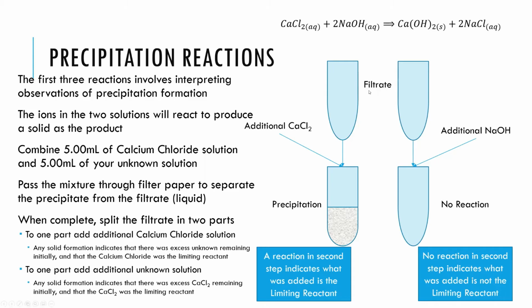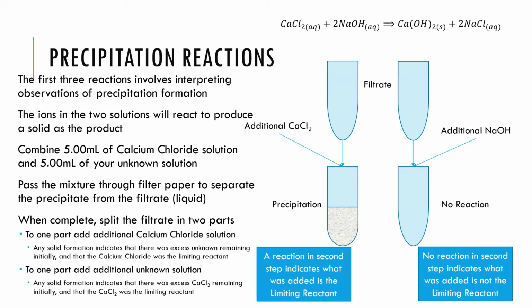To that liquid, the filtrate, you're going to separate that into two different test tubes. To one test tube, you would add additional calcium chloride. And to the other test tube, you would add additional either sodium hydroxide, sodium phosphate, or sodium carbonate. You're adding additional unknown, and you're looking to see in this second test which solution causes more precipitate.